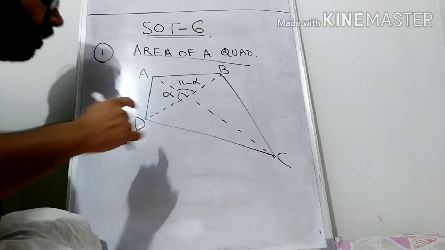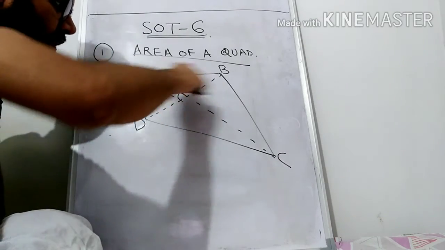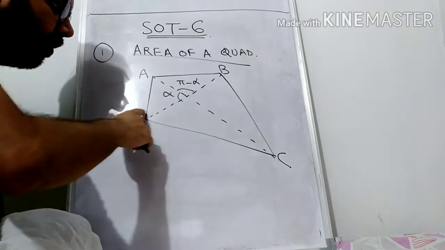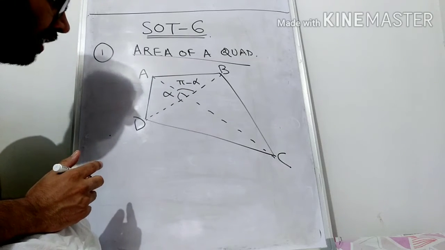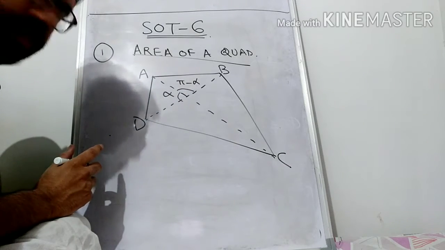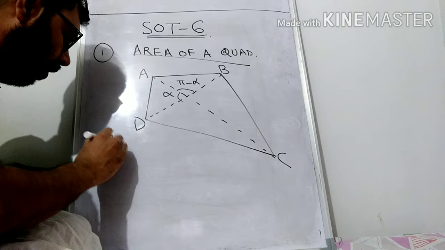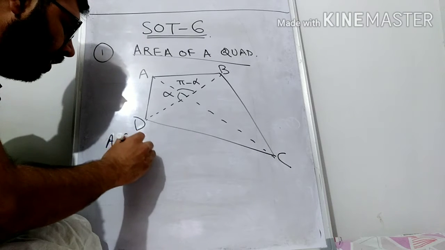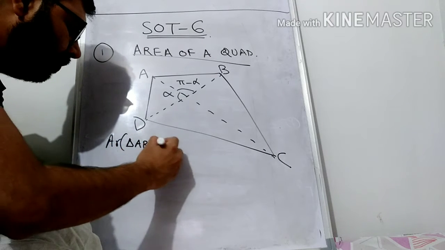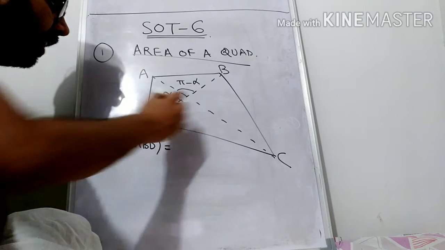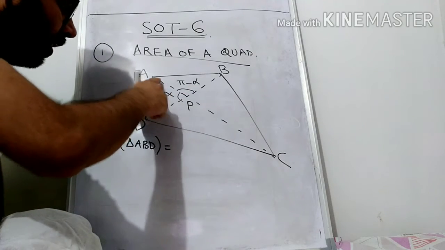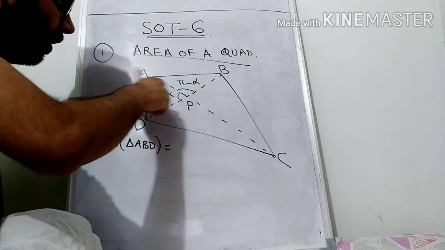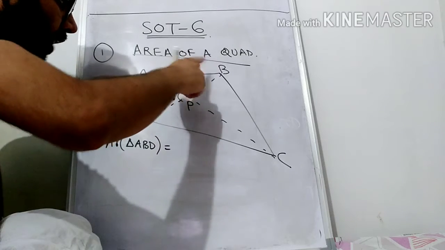I will first calculate the area of triangle ABD. Then I will calculate the area of triangle BCD, and if I add both the areas, I will get the area of the quadrilateral ABCD. First, the area of triangle ABD. Suppose we take the point of intersection of the diagonals to be P. The area of triangle ABD will be the sum of the areas of these two triangles.